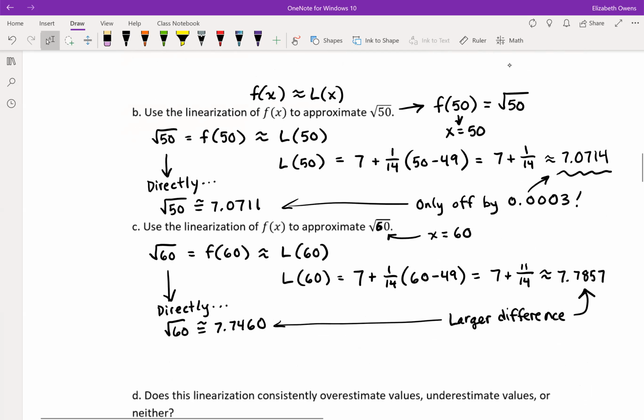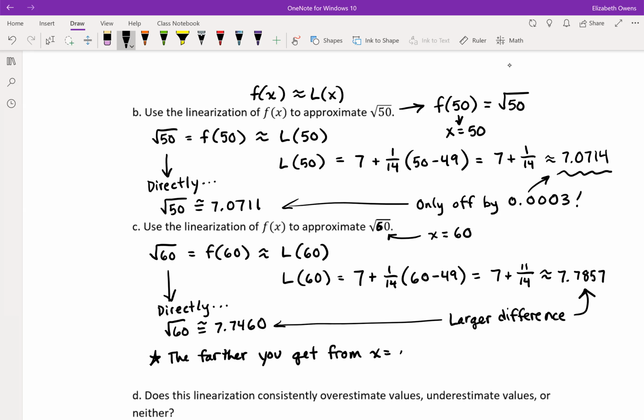And so the point here is that the farther you get from where your linearization is set up, so from x equals a, or here, the farther we got from 49, the less accurate your linearization is going to be.